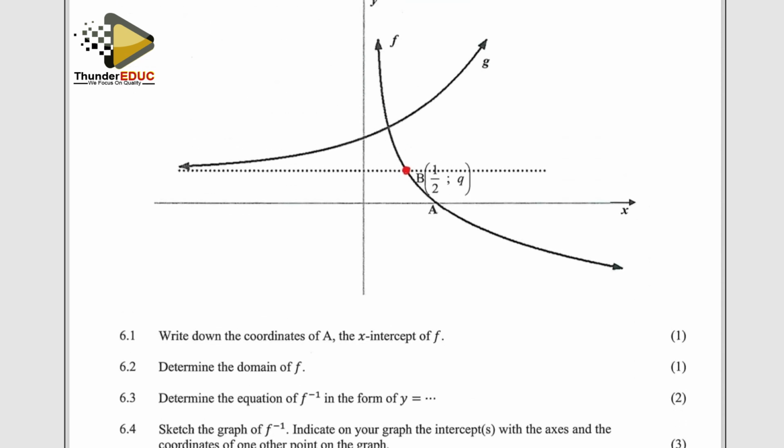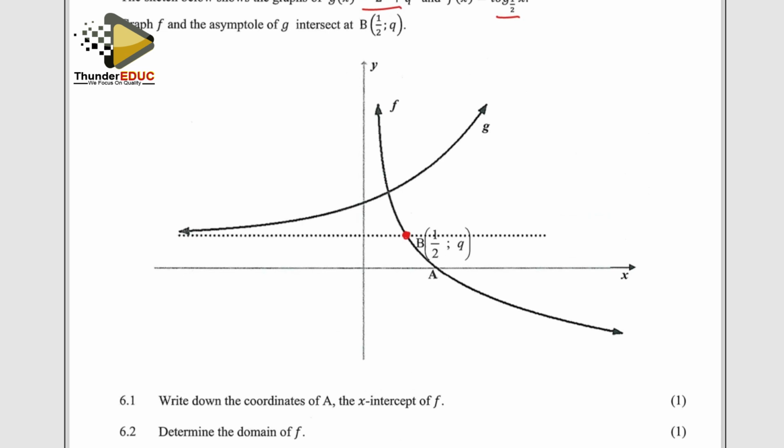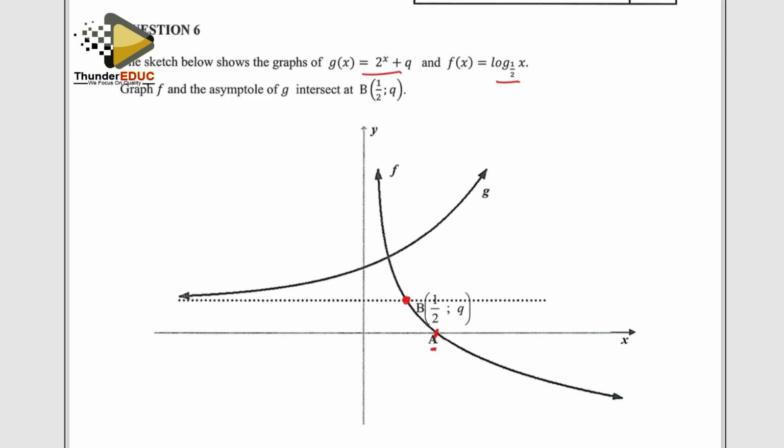Then they want us to get the coordinates of A. So this is the x-intercept, and y is going to be 0. So what I would do with this, it's not that automatic, but I would change this. Y is the log I have with x, okay? I'll change from the log form into the exponential form.